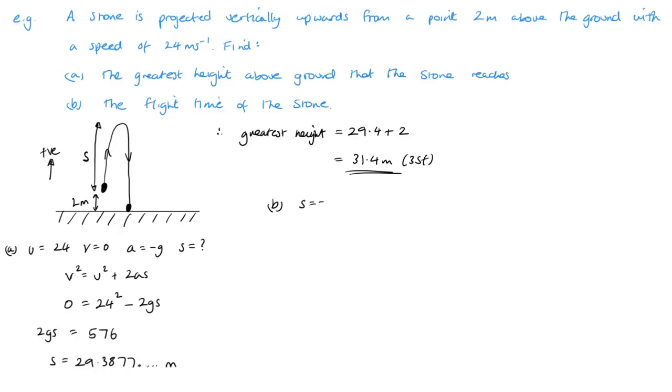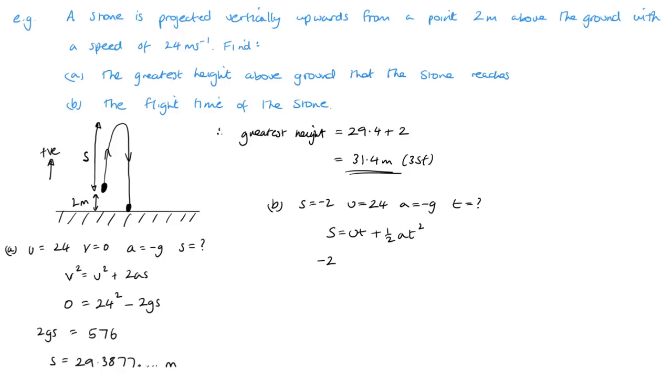So if we set S to -2, then U is going to be 24. A is going to be -G, because we take it up as positive. And then T is what we want to find. So what formula do we use here? Well, like it happens in a lot of these, S equals UT plus a half AT squared.